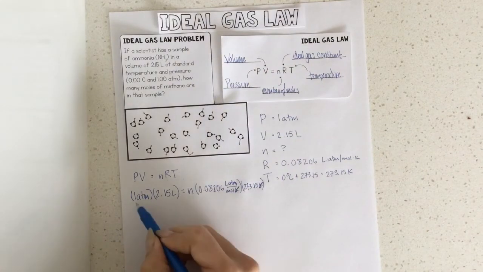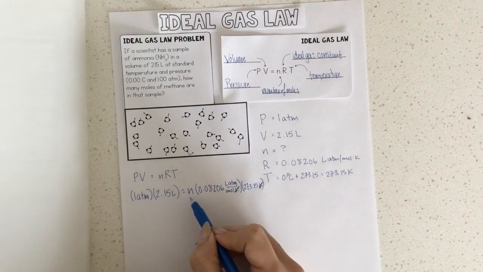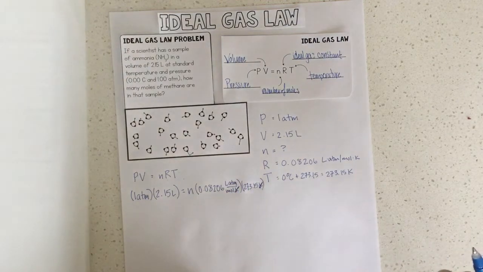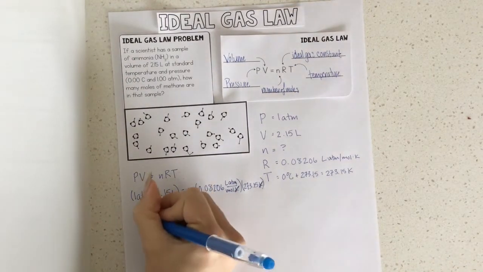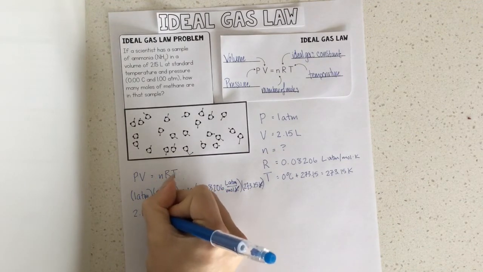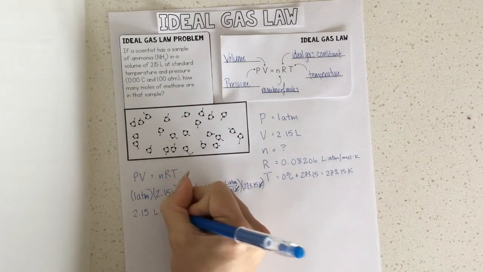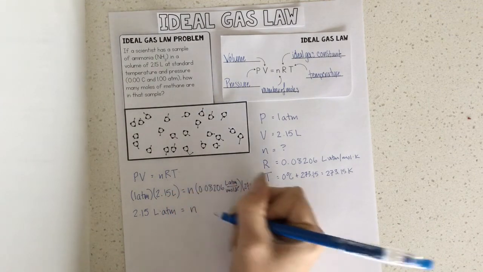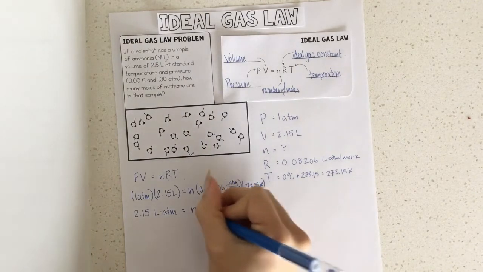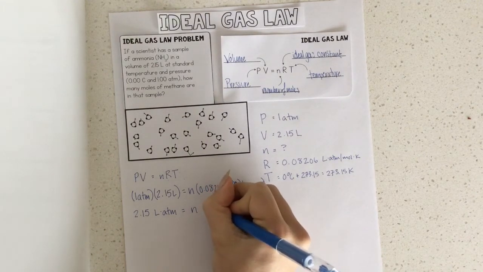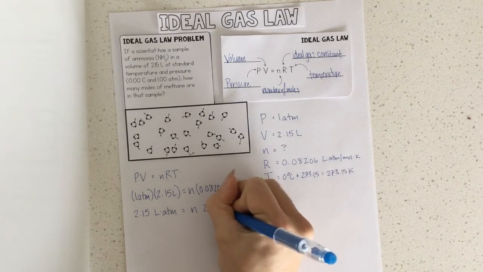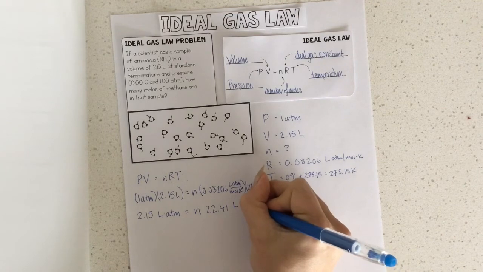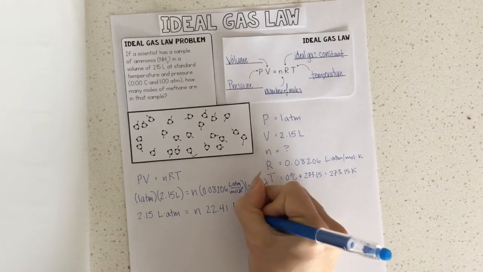What we have is a number here, and that is equal to our number of moles multiplied by a different number. So I'm just going to simplify now. This side of the equation, 2.15 liters atmosphere is equal to N times 22.41, and what we have left here, liters, atmospheres per mole.